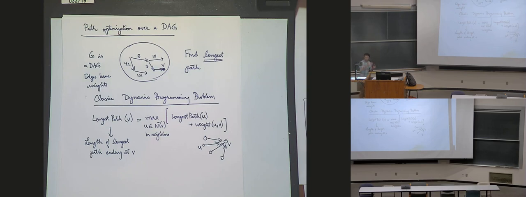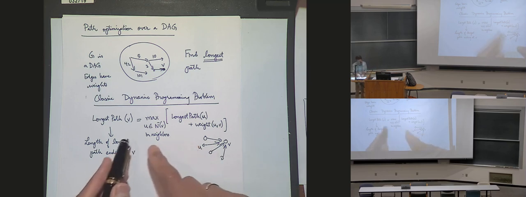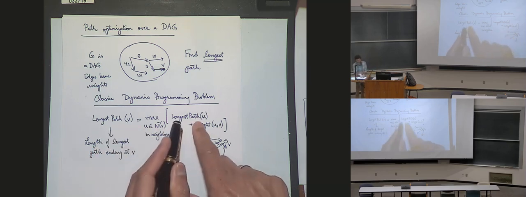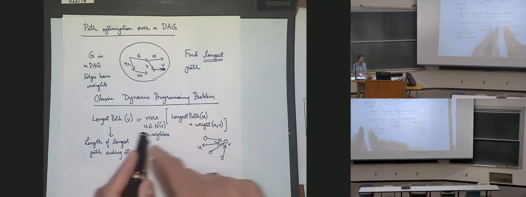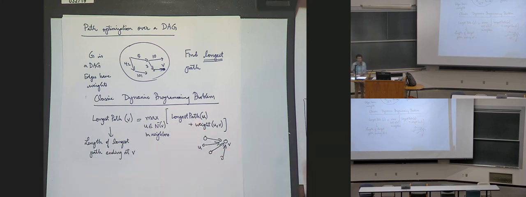So this is a recursive algorithm. Just ignore dynamic programming or anything. Will this recursive program actually terminate? What is the base case? This is going to call a recursive function for U, and U is going to call a recursive function for its in neighbors. Where is the base case?